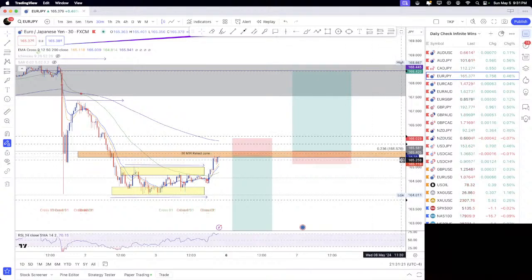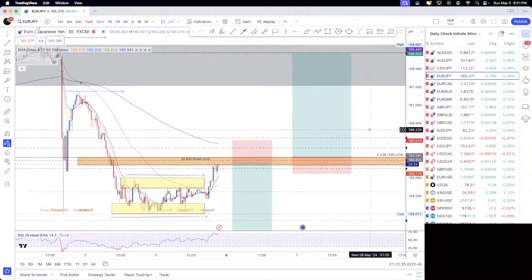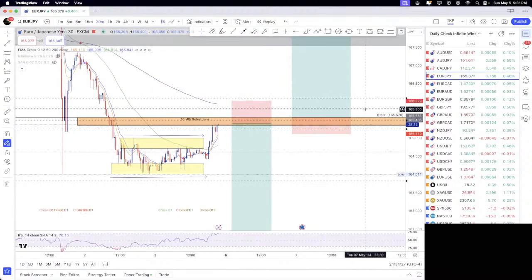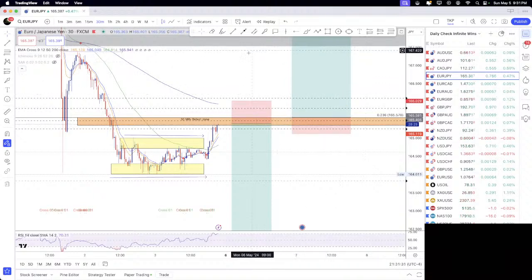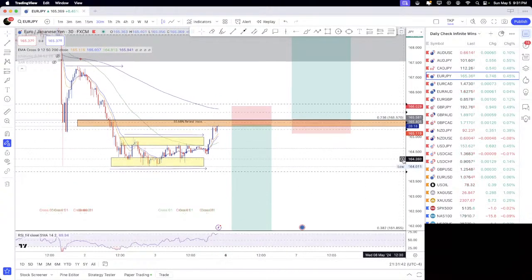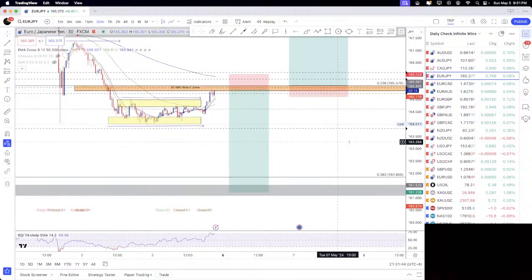Let's see. Yeah, so as far as the momentum, it's on the bear side. Normally, I would have this limit order set, and I'd be in this trade already.